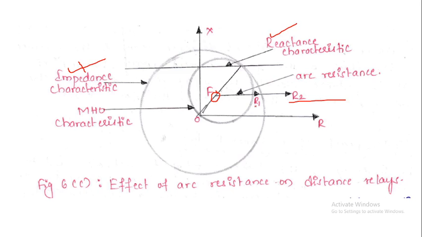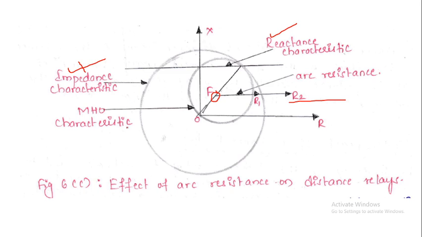So for R1 and R2, the reactance relay will operate, no doubt. But for R1 the impedance relay is going to operate whereas the Mho relay doesn't operate, whereas for the arc resistance R2, the impedance as well as the Mho characteristic don't operate.